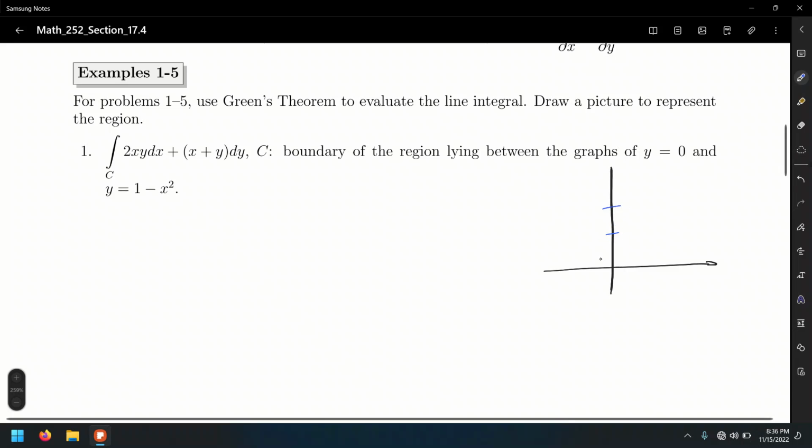So that's 1, 2, 1, 2, and so that's our parabola. And we also have y equals 0, which is this horizontal line. Does that look like a closed region? It is, right? It is a closed region.